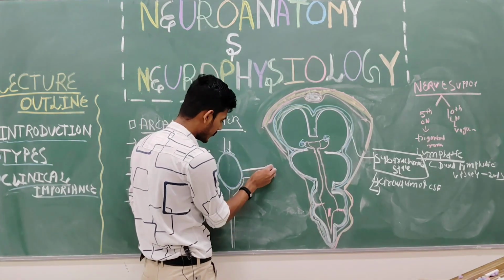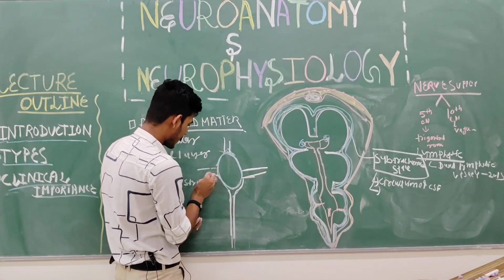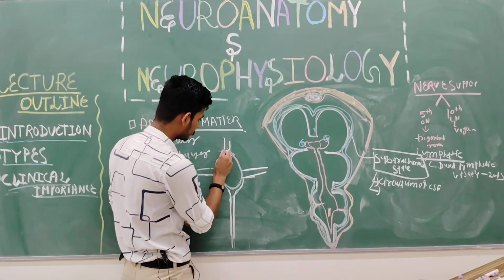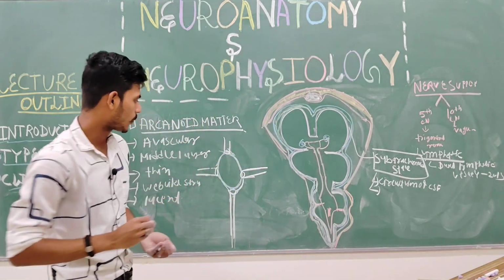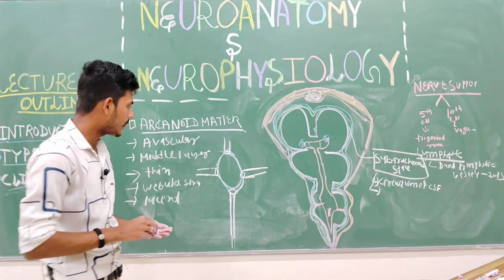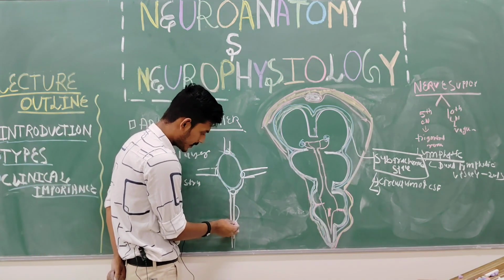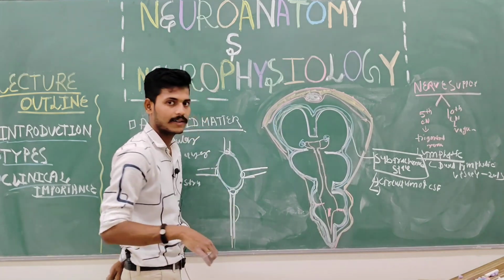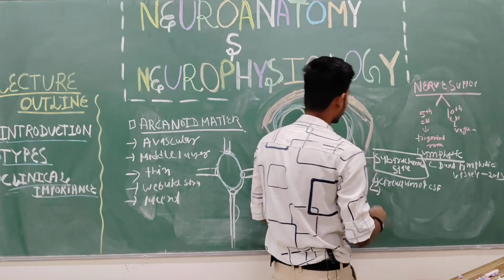Just concentrate here. These are the arteries. Now, sometimes what happens is there will be a rupture of one artery, the cerebral artery, and that leads to the subarachnoid hemorrhage.